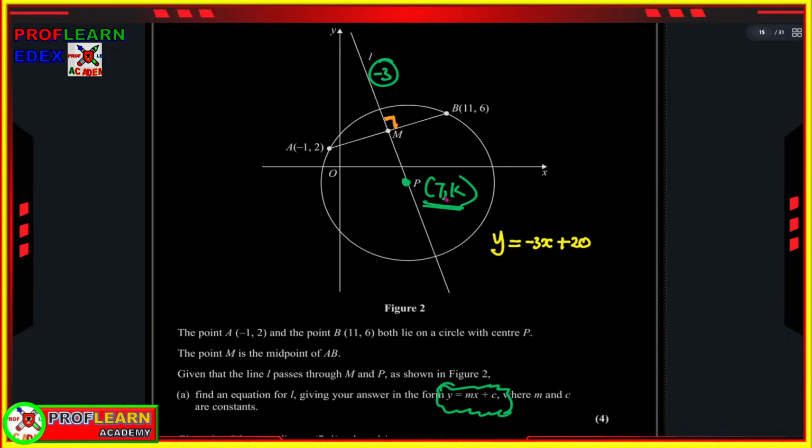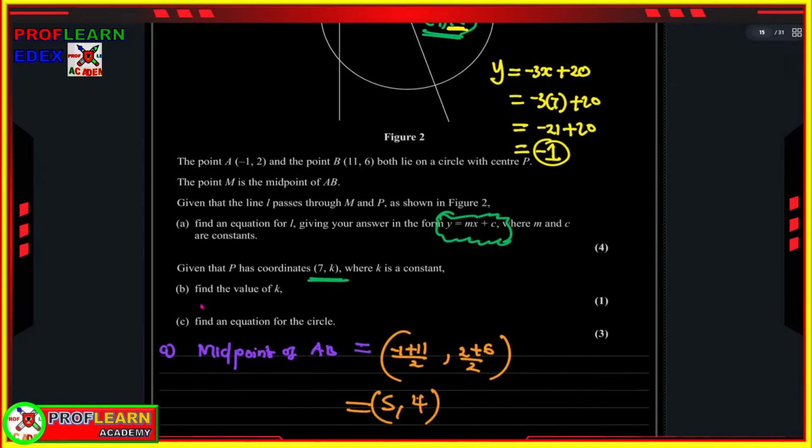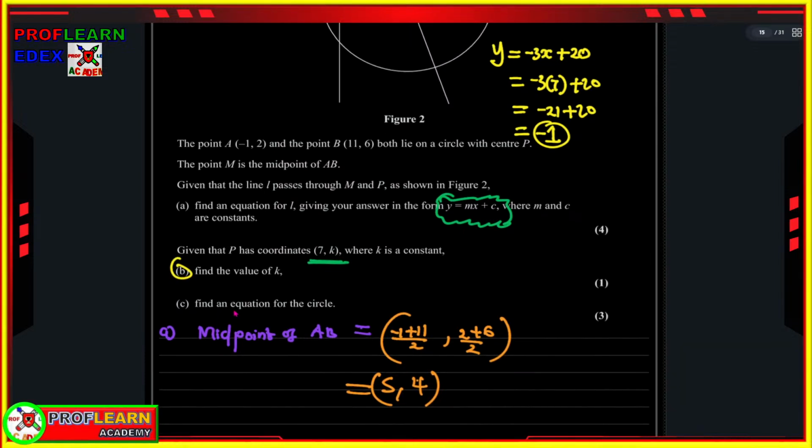Because this is the y coordinate, we are going to say that is going to be -3 into 7 plus 20, and that is going to be -21 plus 20, which is negative 1. Negative 1 is the correct answer for that. So that is for part B.